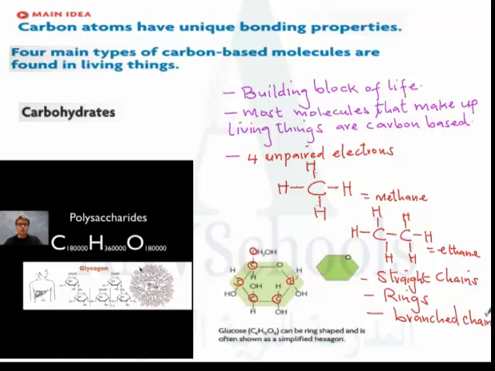These structures, we will be looking at them and how they link to each other.